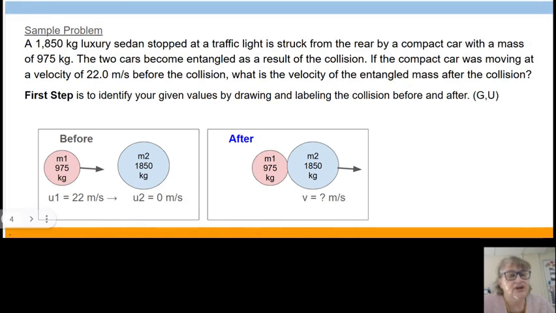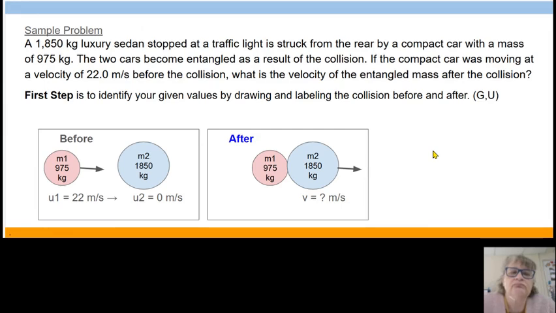So 22 seems like it's not that big, but 22 meters per second is like 50 miles an hour. So that car is going to rear end the other car, right? And afterwards, those two are going to get stuck together, right? And they're going to move with some sort of velocity.